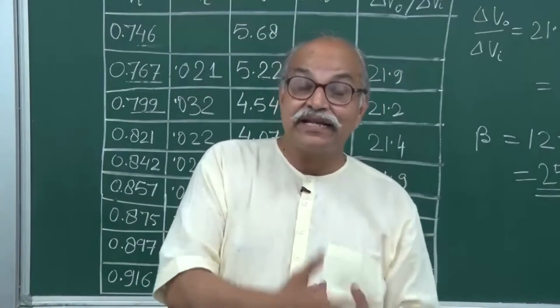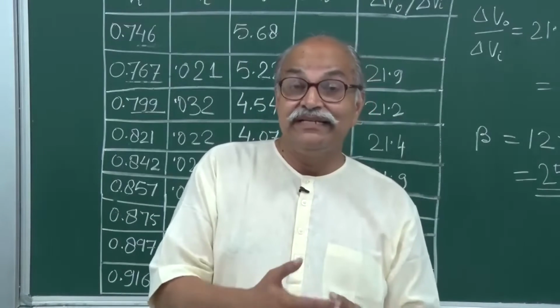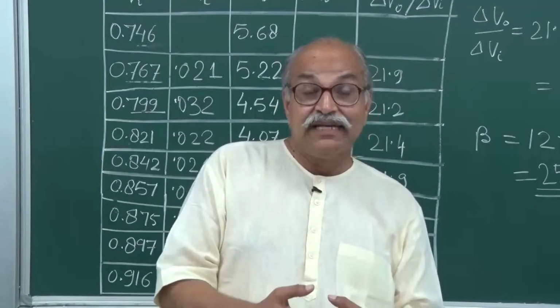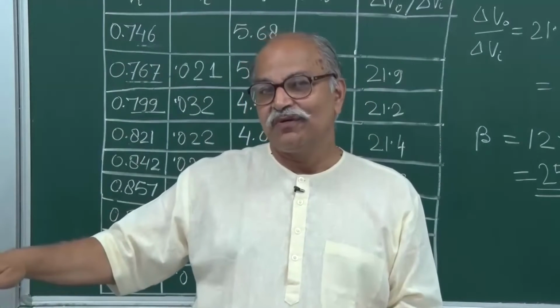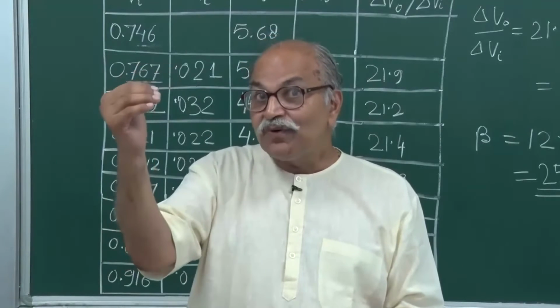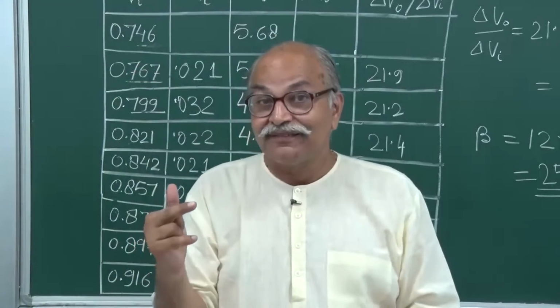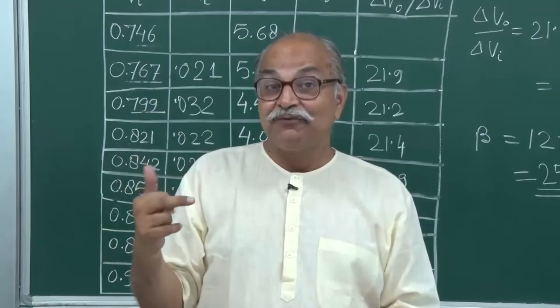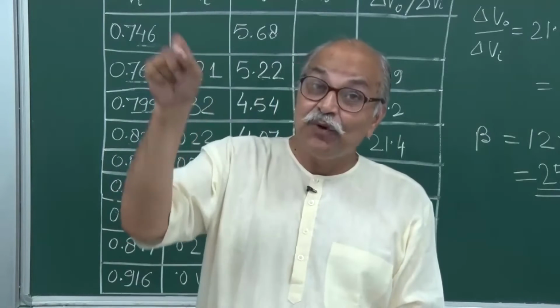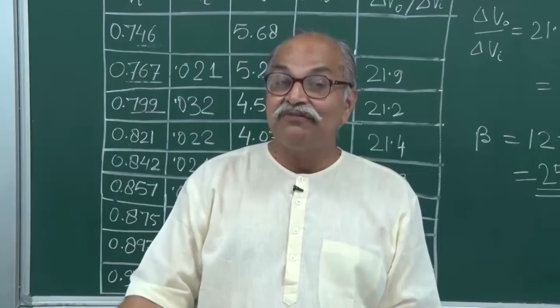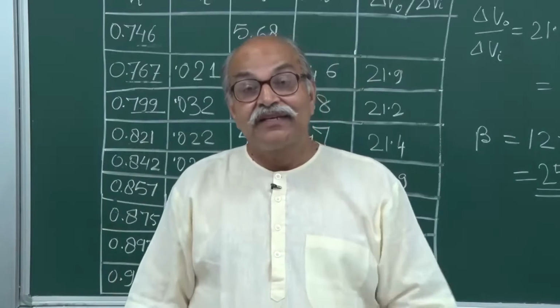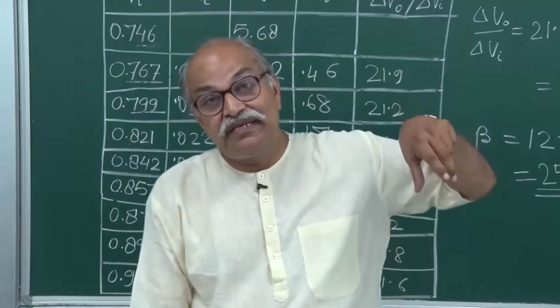So increase this current IB, increase that VBB, and what you have is a very small output voltage. So that output voltage can be switched from a high value VO, which can be VCC, to a very small value by controlling this VBB here.